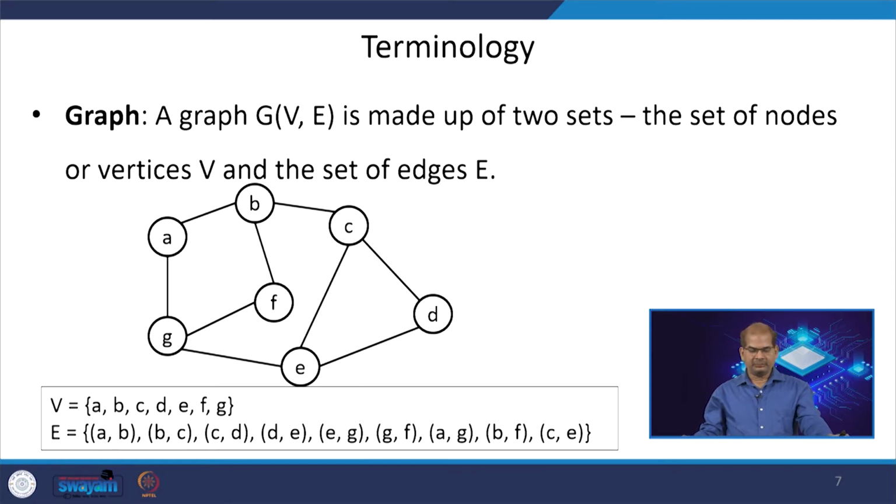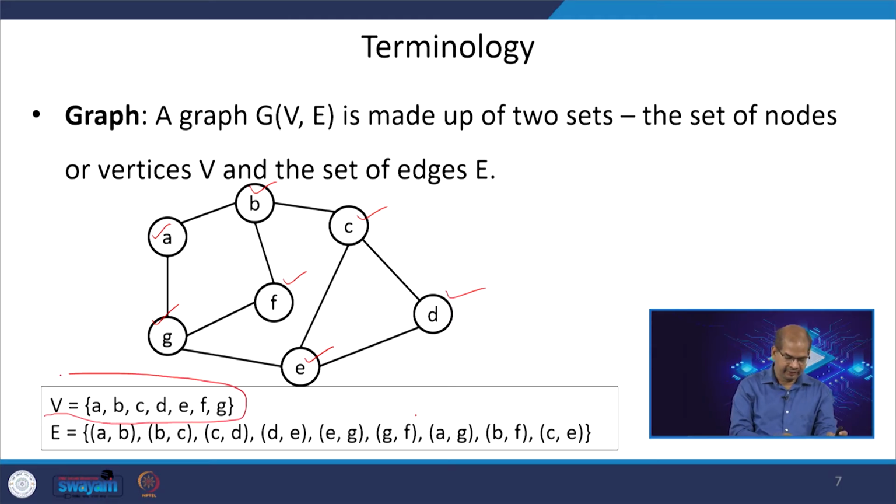Now we will look into the graph. A graph basically consists of two things: a set of vertices V and a set of edges E. If you look at this graph, I have vertices A, B, C, D, E, F and G. It is a set of nodes or vertices, and these are the elements of the set V. Similarly, this is one of the edges, this is another edge.